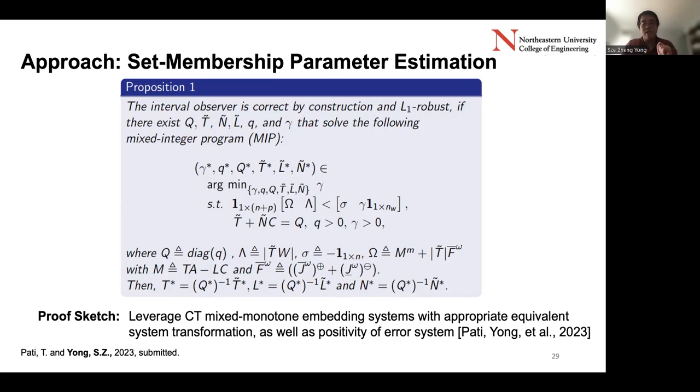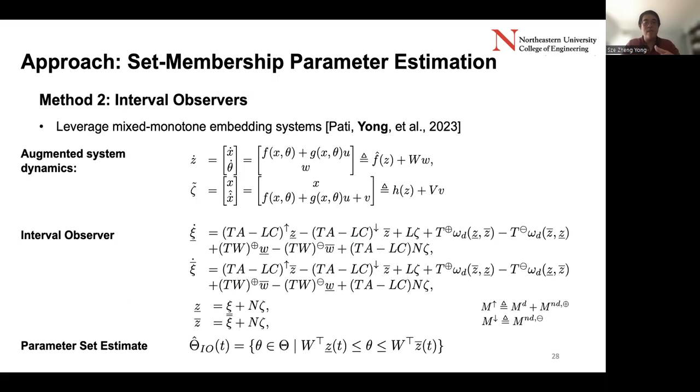We just use mixed monotone embedding systems, and with some equivalent system transformation that I also briefly alluded to, we can use some of the properties of the system to come up with this way of getting the gain, such that we can just use the interval observers with the gain that we compute from a MILP, which is simple to solve in general.